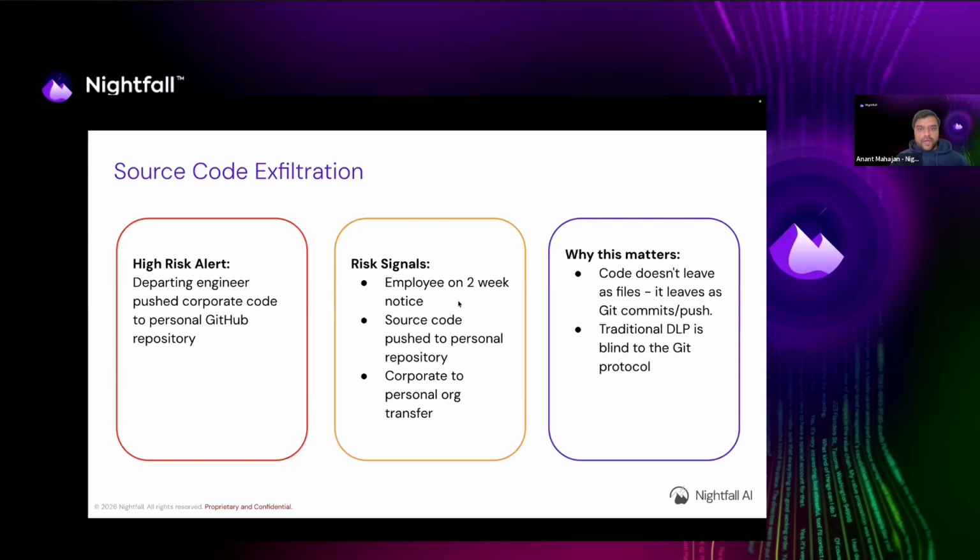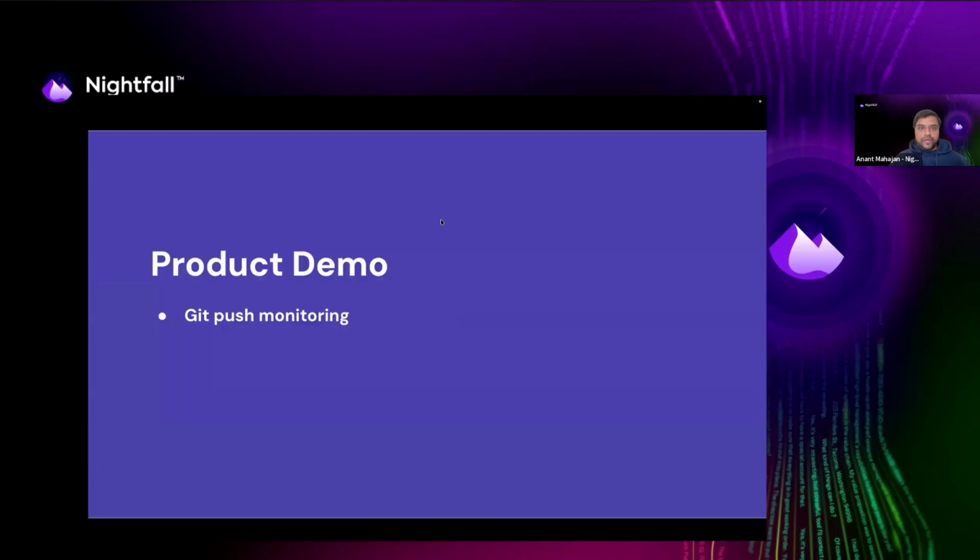We'll look at a scenario where we can create a policy to define a trust boundary and see how you can get visibility anytime an engineer or a departing employee is trying to exfiltrate corporate source code.